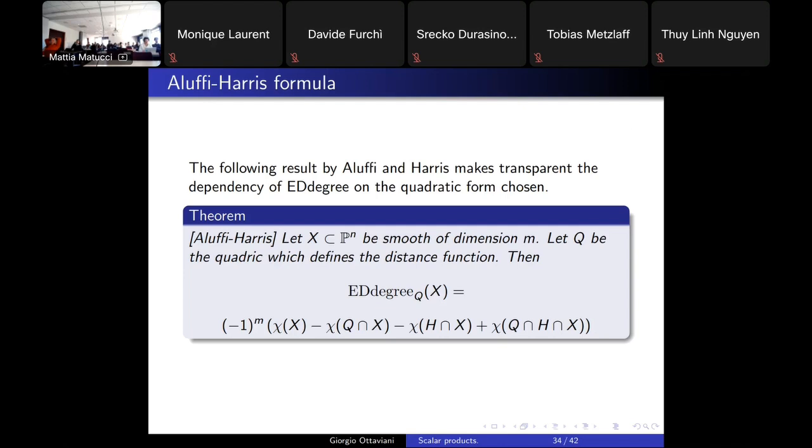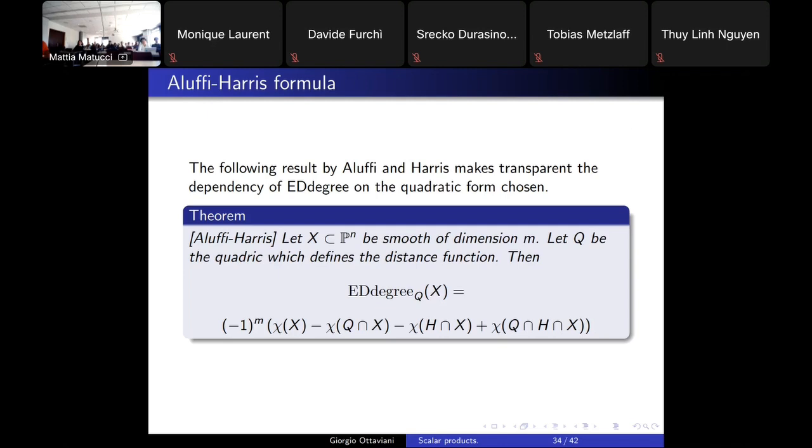Let's comment here. This is the topological Euler characteristic. And there is another way to write down these four terms, which is chi of X minus the union. The topological Euler characteristic is a gadget that behaves additively on varieties.